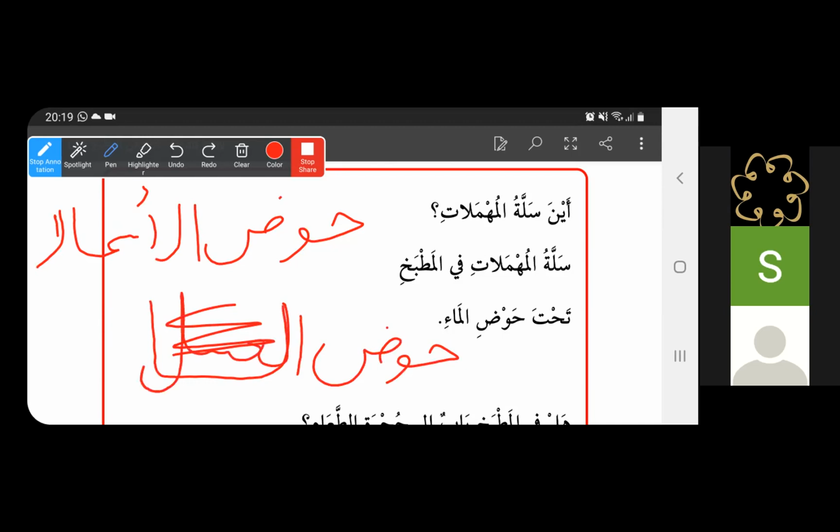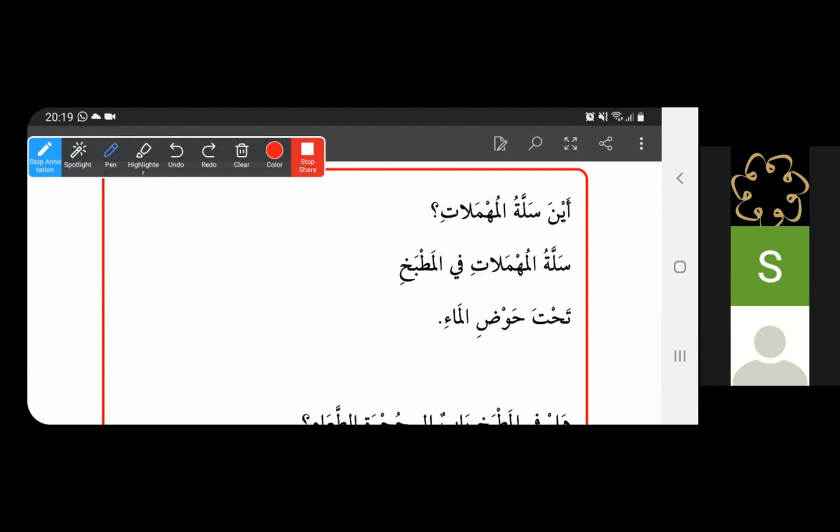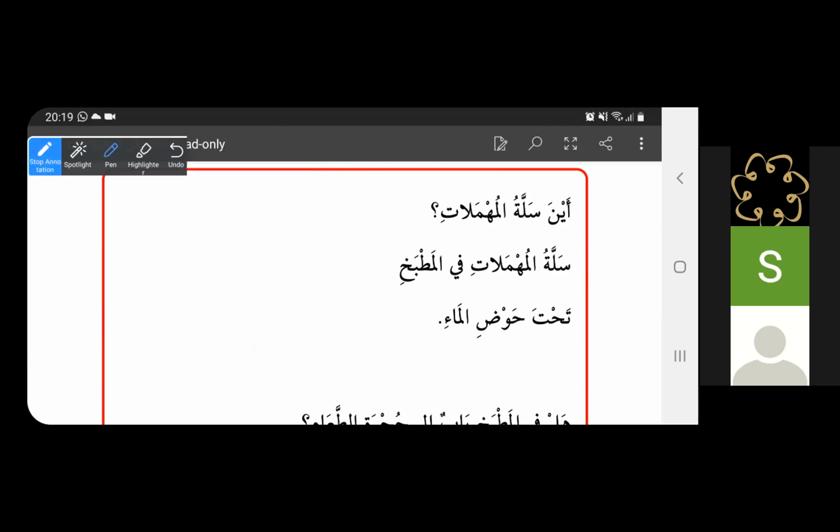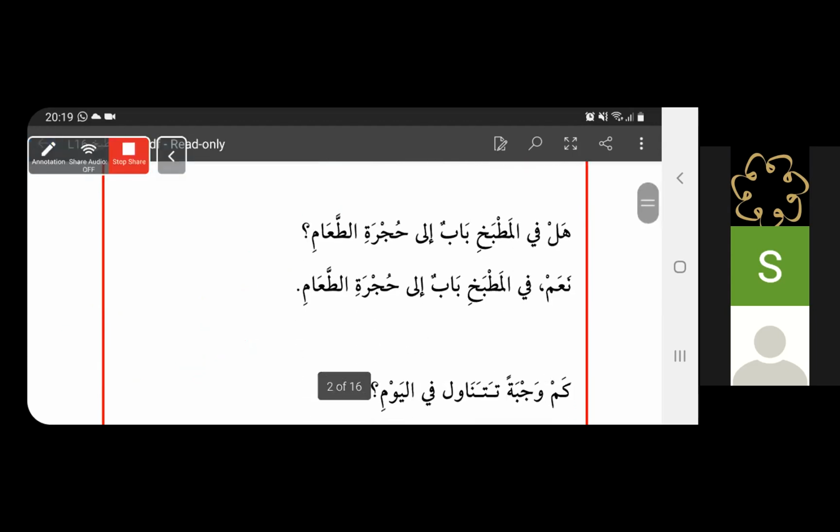If someone at home has a banyo, in the slang it is banyo, to take a bath, it's حوض الاستحمام, where you are taking a bath. So all these are حوض. It depends on the use, where you are using it and when you are using it. Okay.